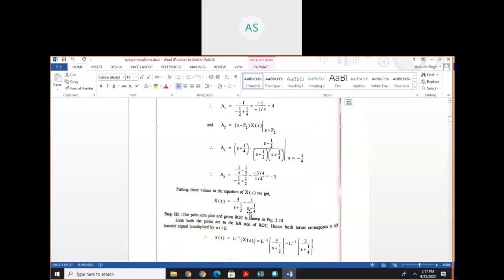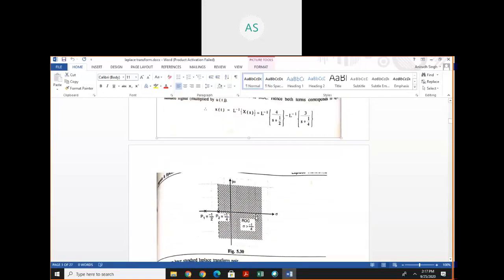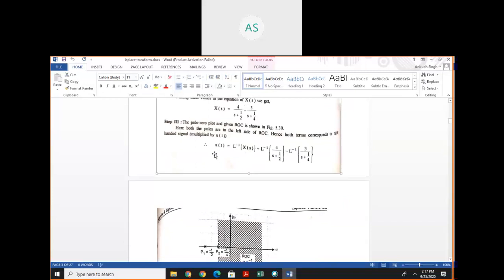So we get the equation of X(s): X(s) is equal to 4 divided by s plus half, minus 3 divided by s plus 1 by 4.